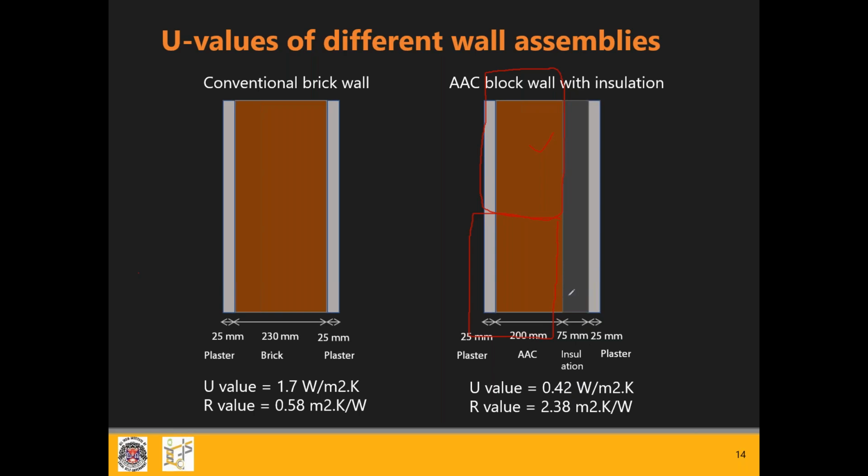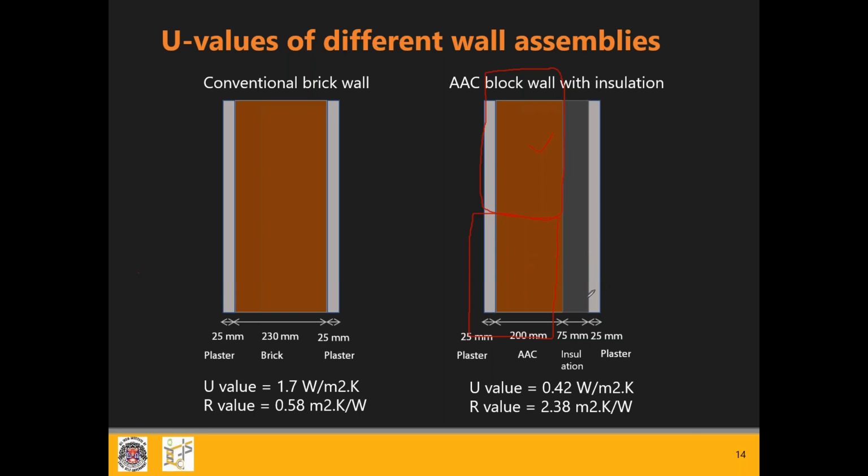You can also try some other insulation, or just increase the insulation, but that will depend on your cost implications. If you can achieve the 0.4 by increasing the plaster, you can go ahead.